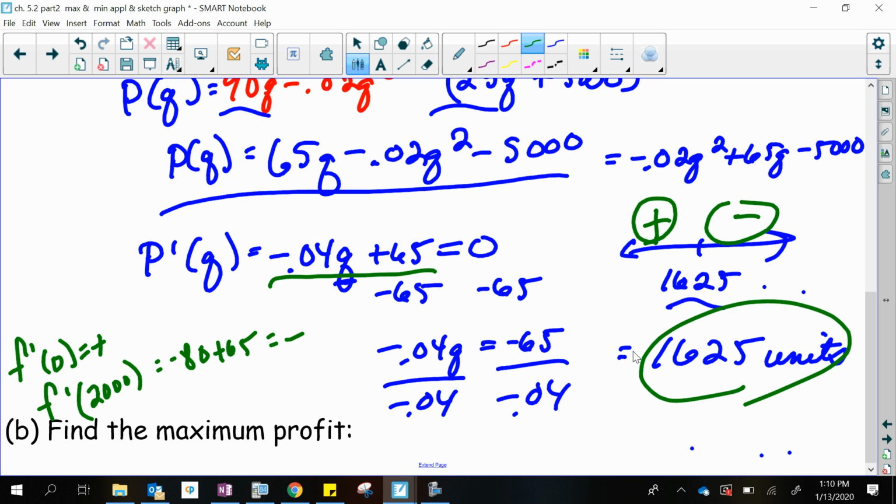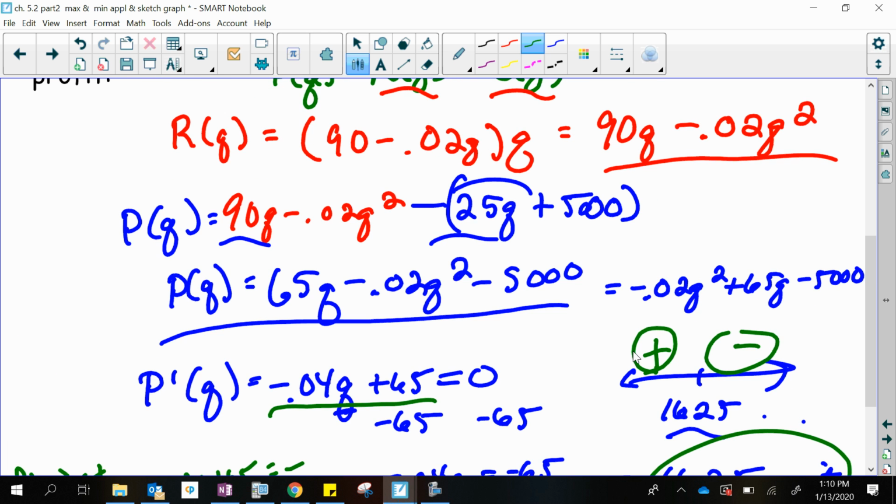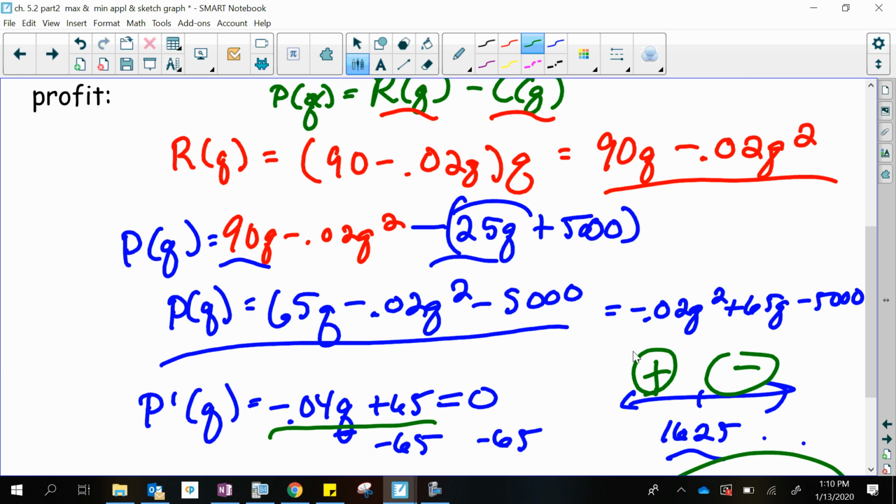And that's how many units we have to sell to make the most profit. Now what do we do with 1,625 to find how much money we actually make? Plug it into what? We've got lots of equations. Plug it into the original profit equation.